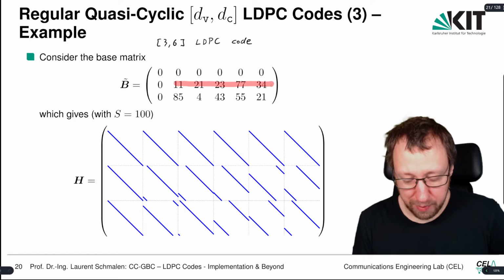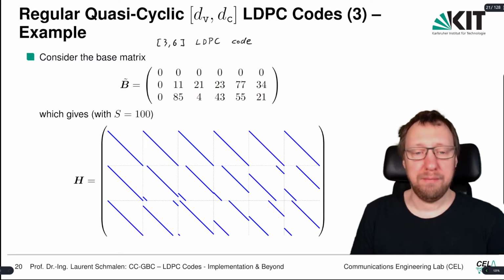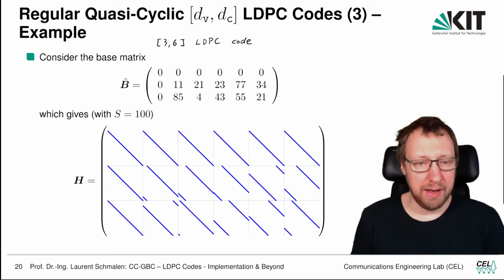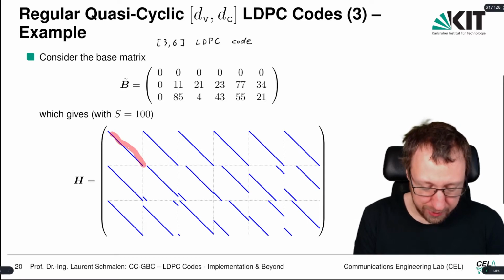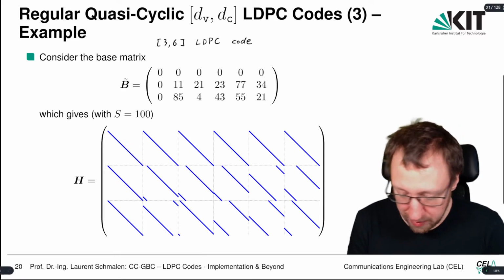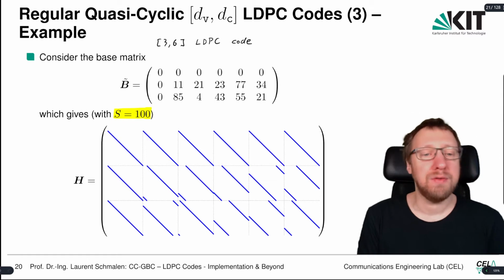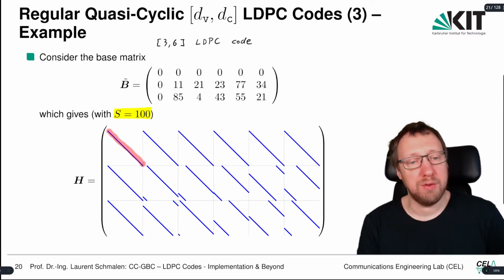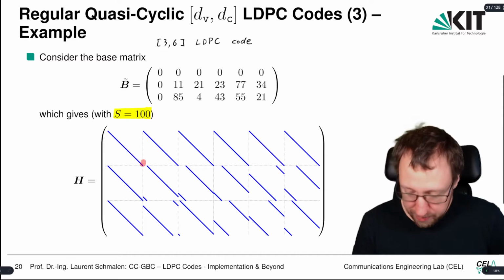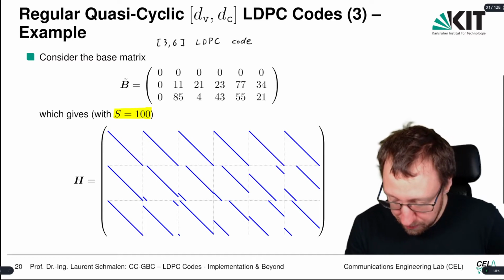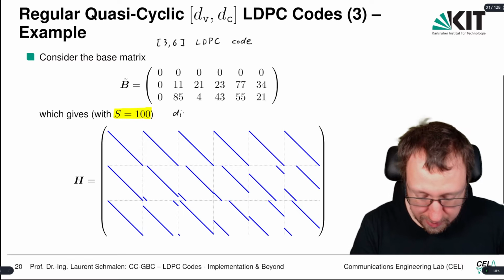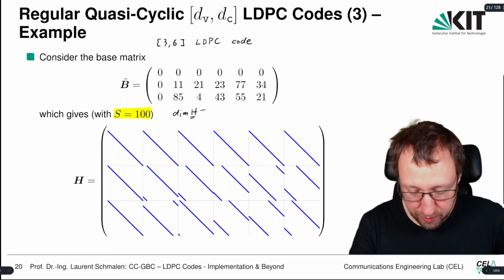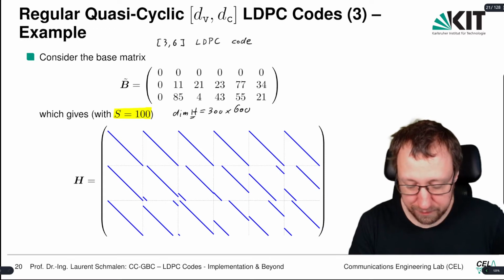And then we have some of the shifts down there. And here we have the matrices with s equals 100. So we have this matrix P of size 100. This is the identity matrix of size 100 times 100. And you can see that the dimension of H is equal to 300 times 600.